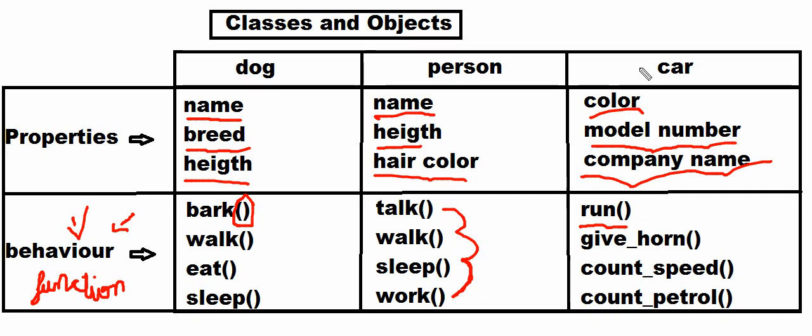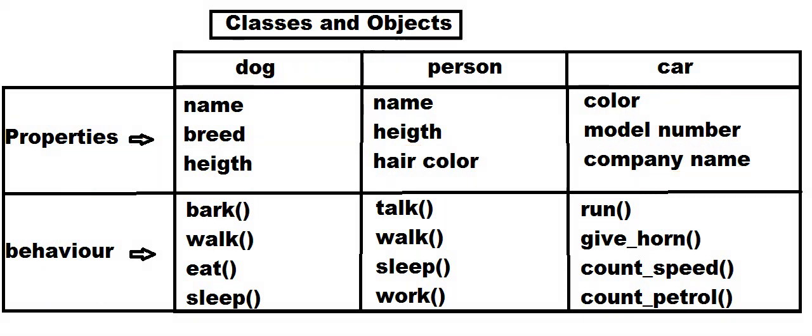So in simple language, classes are just a collection of data, and this data is nothing else other than the properties and the behavior of an object. So this is what classes are. Whatever I am telling you here, you can note it down in a notebook so that you can remember it and revise it when further need comes.